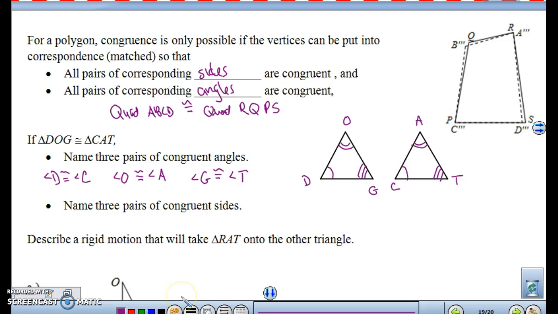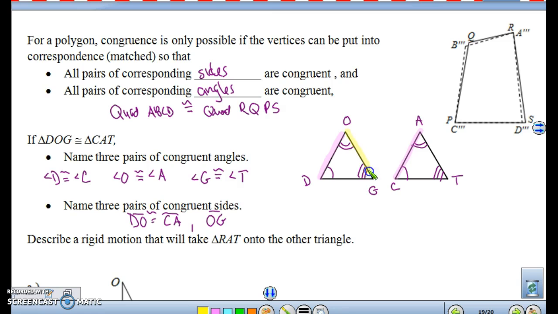Now, the sides are also congruent. The side DO should be congruent to what side? Here's DO. That should be congruent to CA. It's in exactly the same place. It has exactly the same corresponding vertices. So DO is congruent to CA. There's one pair. OG, the next side.